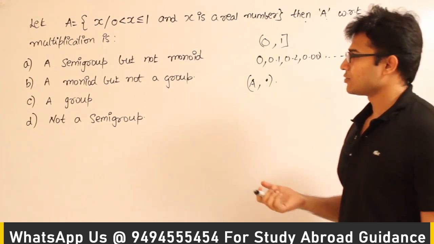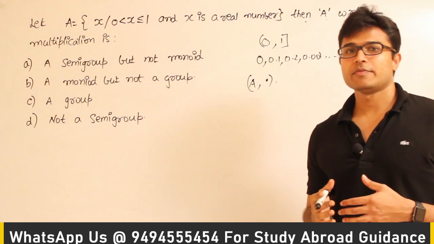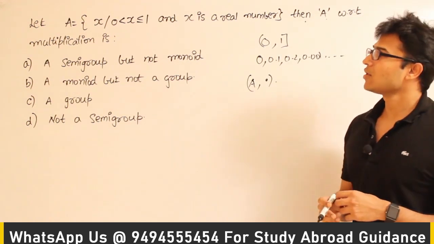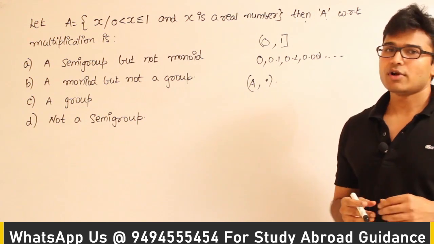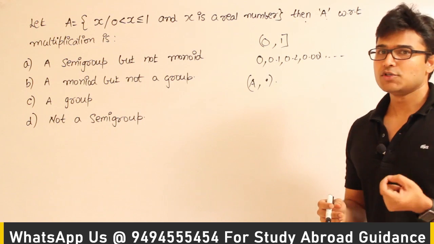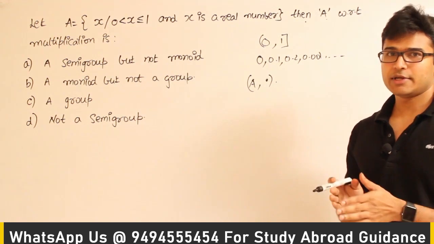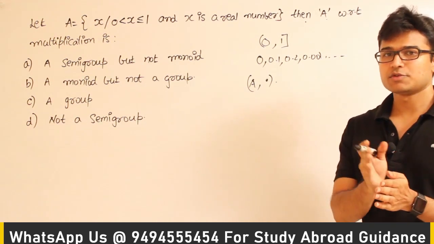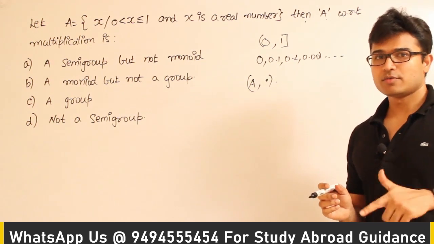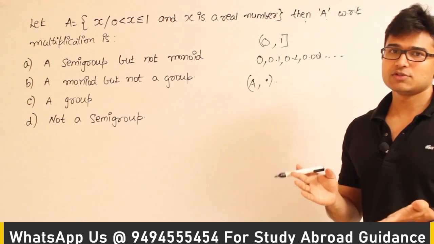Now how to attack this problem? Again, right from the algebraic structure. So let's see whether it is an algebraic structure or not. If I take any two numbers which are fractions from 0 to 1 and multiply them, then definitely the result is going to be a fraction present between 0 and 1.